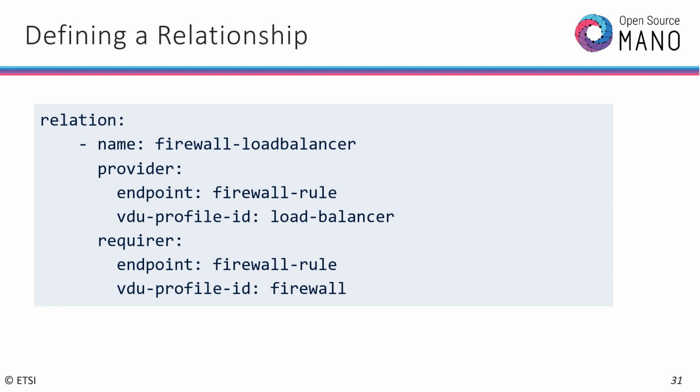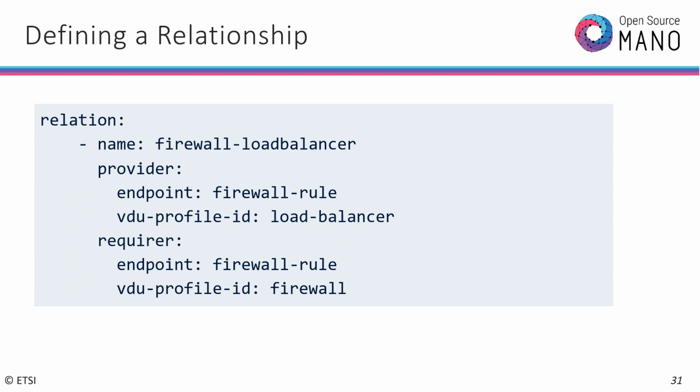And the provider and requirer will be matched up in the network service descriptor. The last one is the VDU profile ID. What this does is it specifies which VNF is going to actually be providing the data and which one requires the data. That way we know how to relate the two of them.